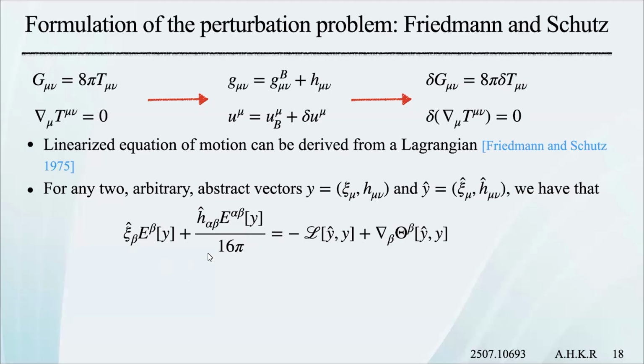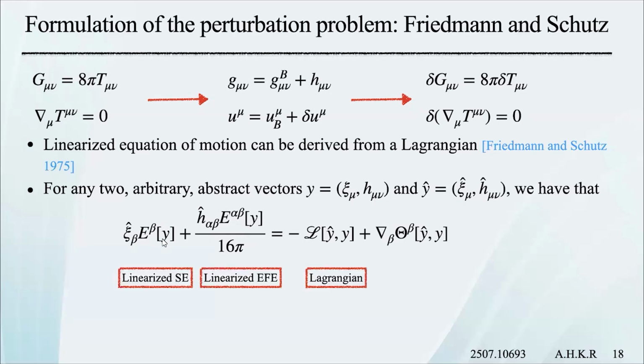So I'll briefly describe what each of the terms are. The first term here, ξ hat^β, is contracted with E_β. E_β here is the linearized stress-energy conservation equation acting on the vector Y. The linearized Einstein field equation is denoted by E_αβ, and it is contracted with ĥ^αβ. And then the Lagrangian for the system is shown here. L here is the Lagrangian, and then you have a boundary term.